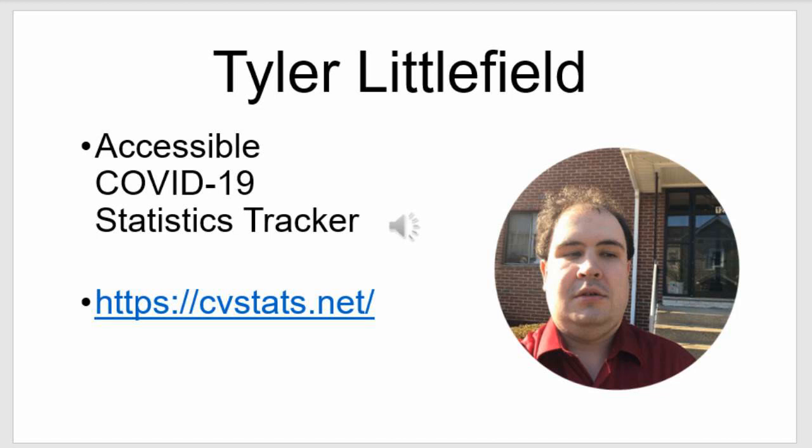The interesting thing is that I was recently interviewed for a news article, I think it was Vice. There have been a few, but this one was talking about the accessibility issues, because if you want to see state-specific data, you have to go to the state's website.